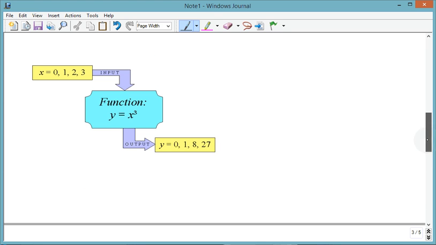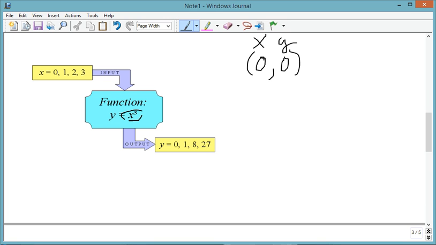Some people like to think of it as a function box, right? And we sometimes write our functions as an equation, right? So in this case, the function is to cube, right? We're going to take each number that we input and we cube it. So that means when I put in 0, I get 0 out, right? And lots of times we write our function information as an ordered pair, right? This is my x, or the domain.